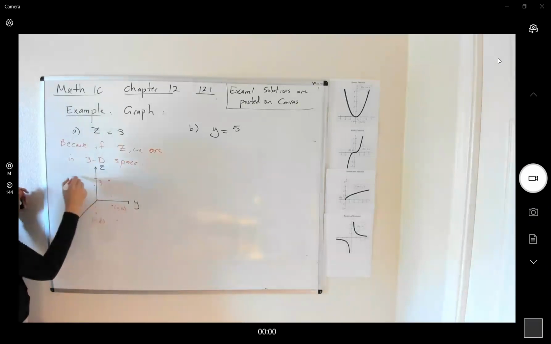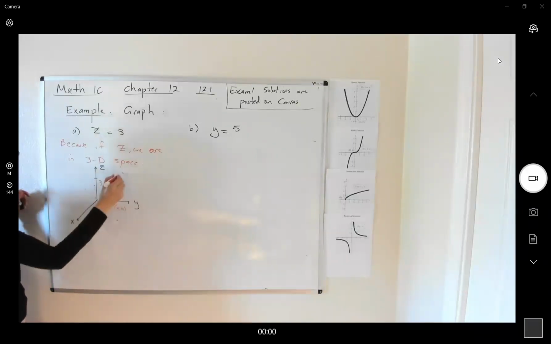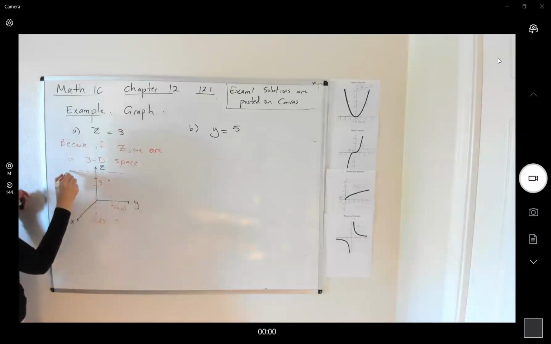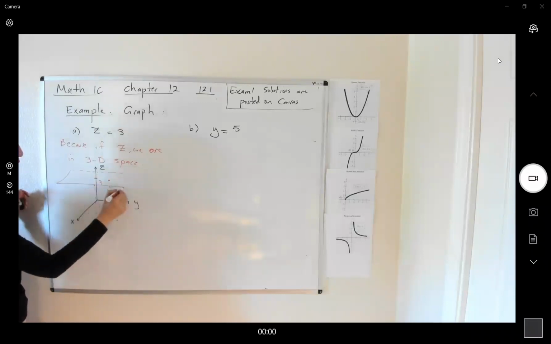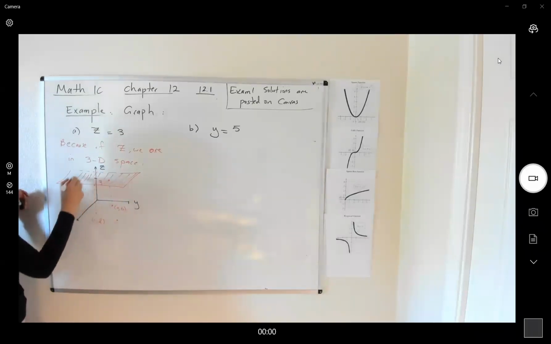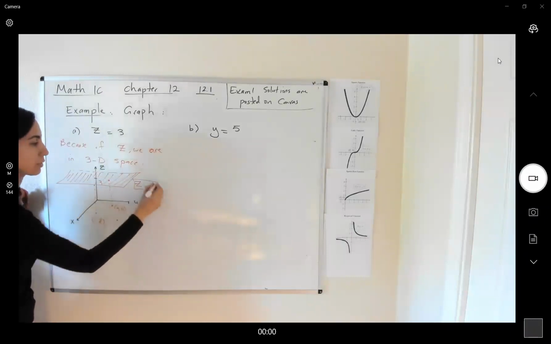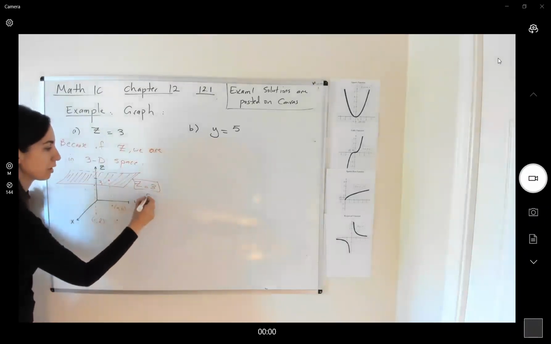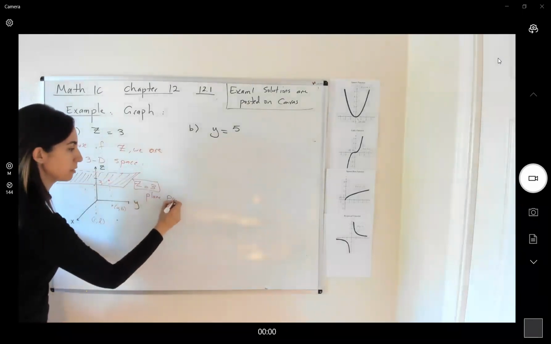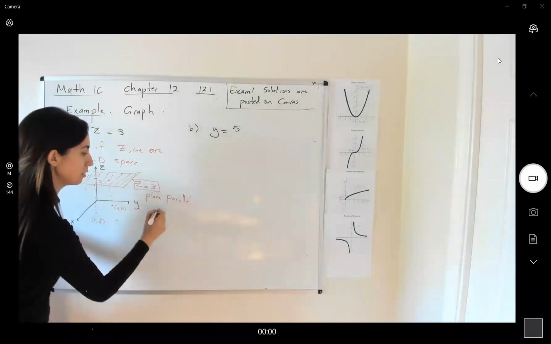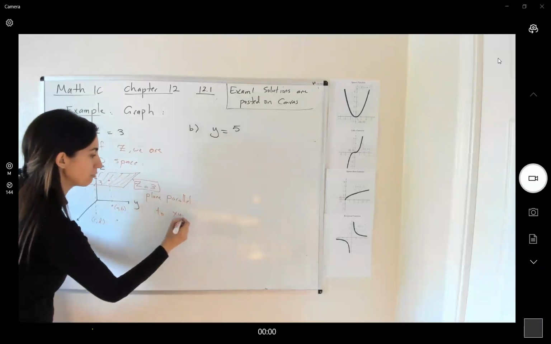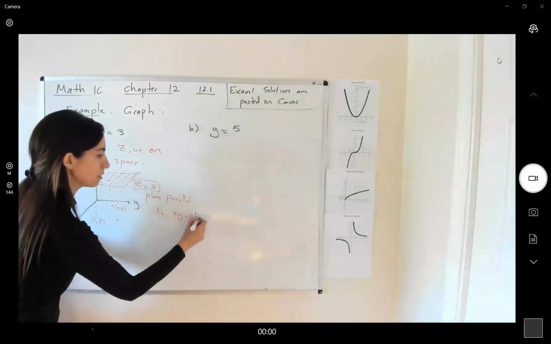So it means that you have a graph passing through this point, 3, and it's parallel to the xy plane. This is z equals 3, a plane parallel to the xy plane.